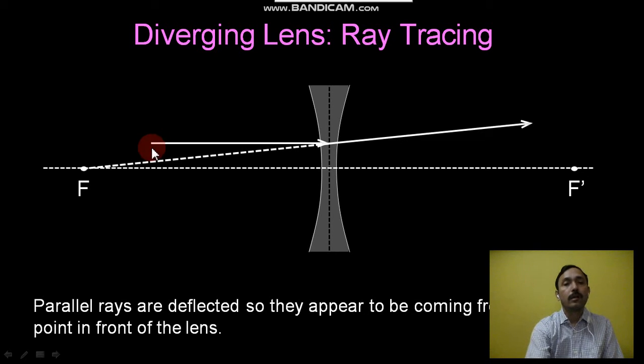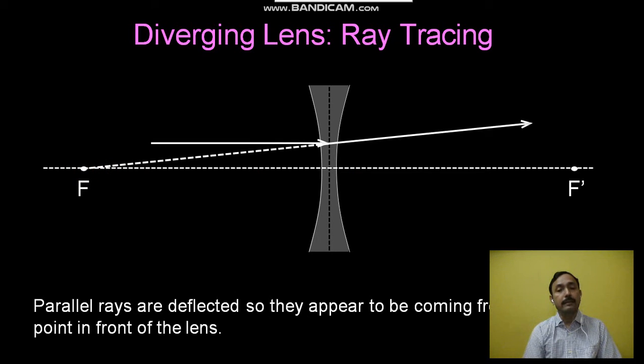If parallel rays, parallel to the principal axis, are made to fall on the surface of the concave lens, then according to the rules, it will be deflected along this direction. That means it will diverge. If this ray is extended backward, it looks like it is coming from the point F.